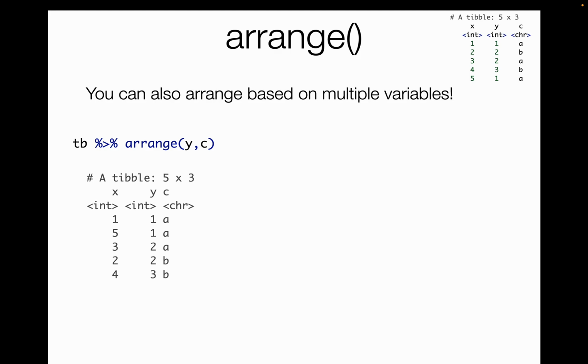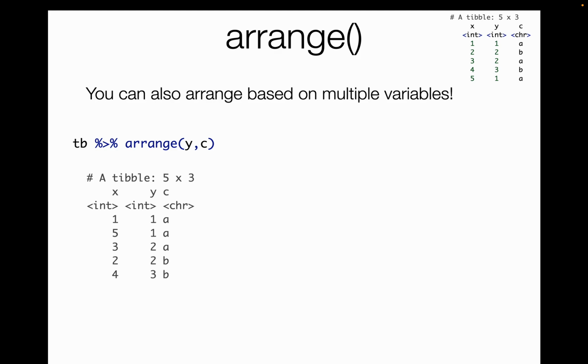It breaks ties in Y by the value of C. It's also interesting to keep in mind that it's going to use alphabetical order for characters, and of course numerical order for numbers.